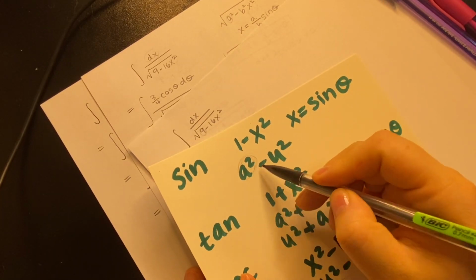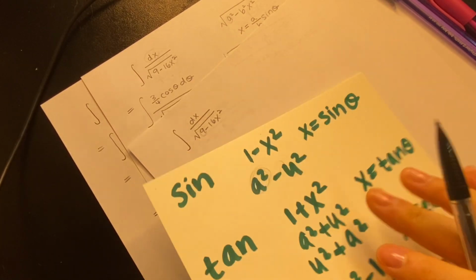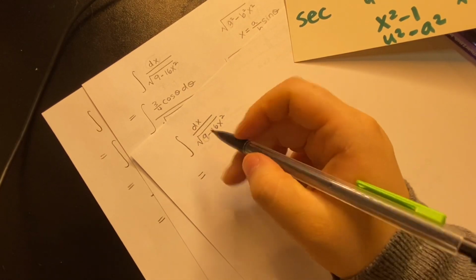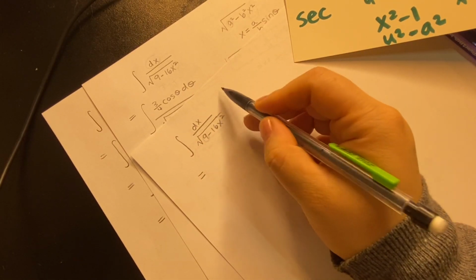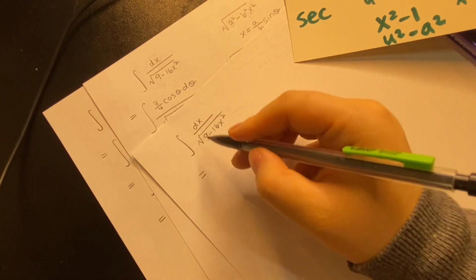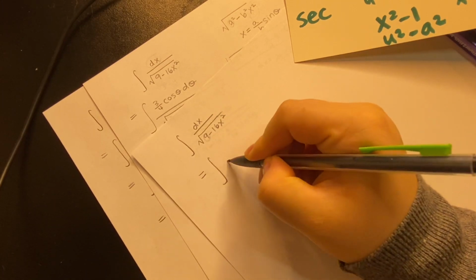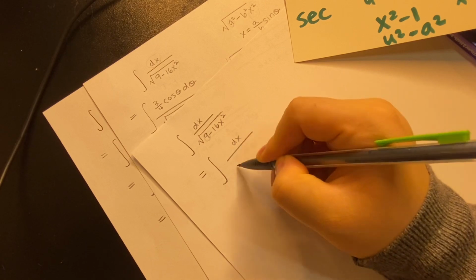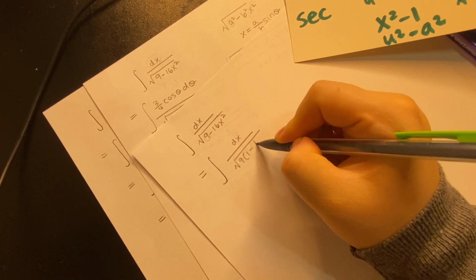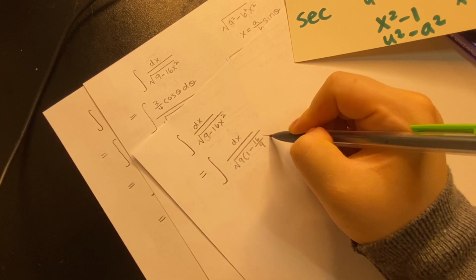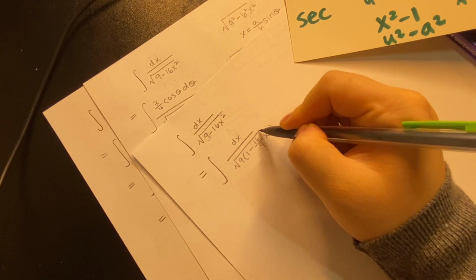this is where recognizing this a squared minus u squared form might be helpful. Again, trying out all the other methods, seeing that it might not work, you might want to try factoring out this 9 first. So I go like this, 16 over 9 x squared, like so.